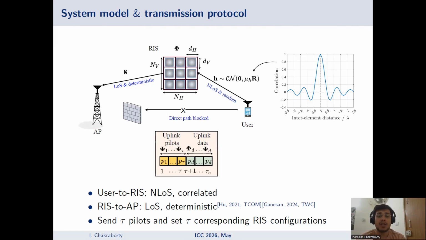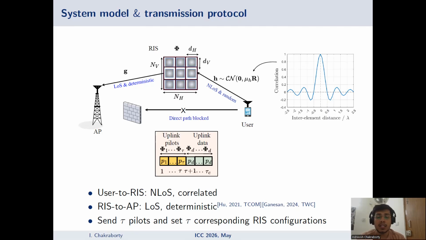The covariance matrix of this channel is μhR, where μh is the path loss coefficient, and the corresponding channel from RIS to AP is considered to be line of sight and deterministic. That's why this channel doesn't come in the key idea section when we say which channel's correlation we are exploiting, because it's deterministic, so there's no point. And the direct path between the access point and the user is assumed to be blocked.